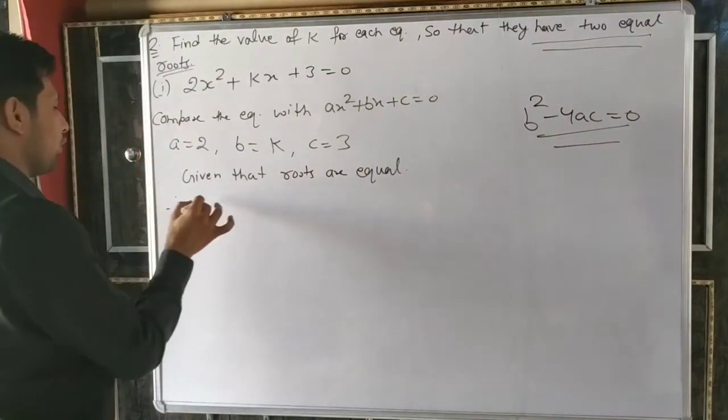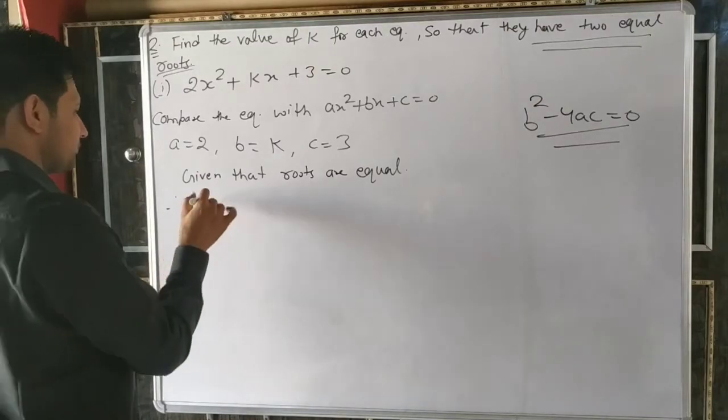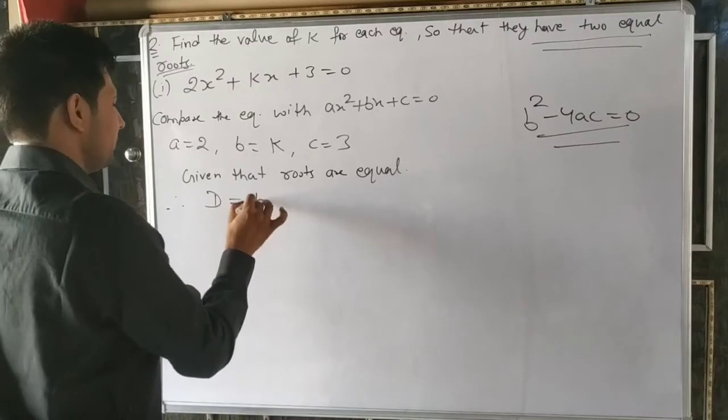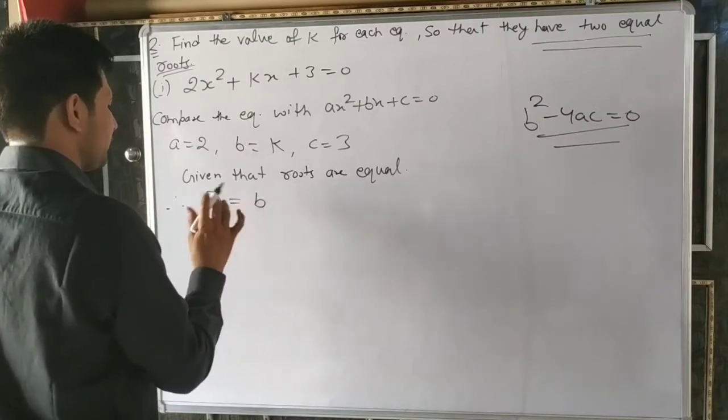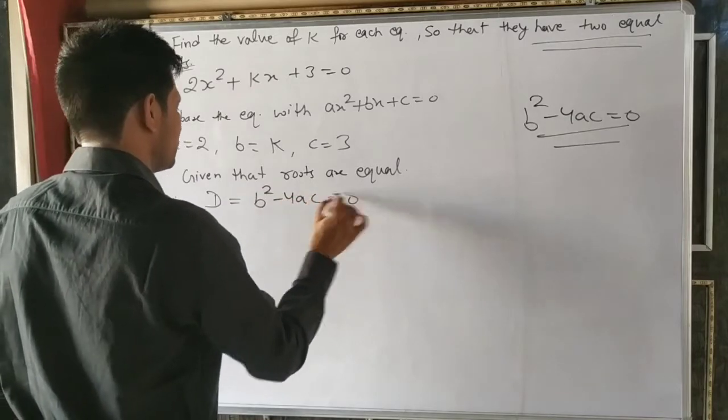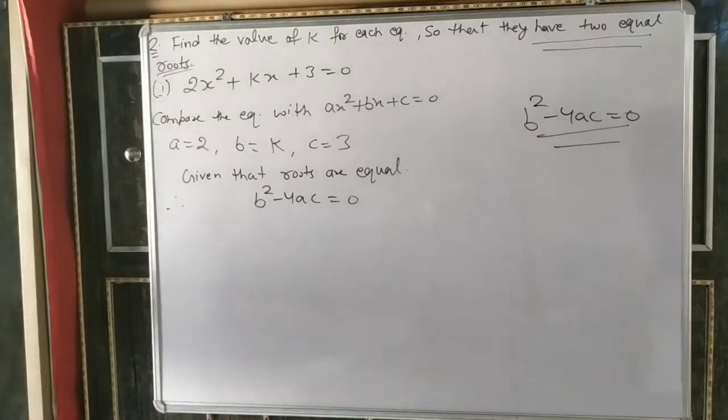So therefore discriminant b square minus 4ac equal to 0. So discriminant equal to 0.